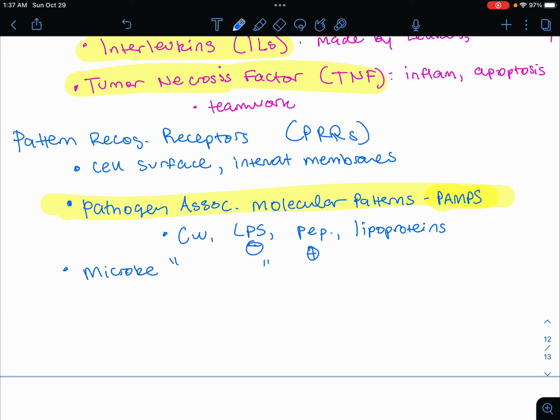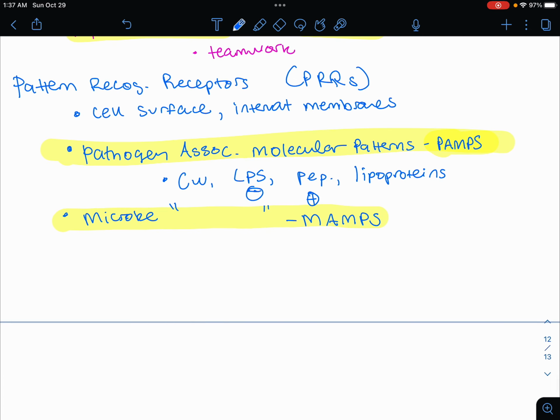It's the same thing. These are going to be known as MAMPs, though, MAMPs. These include flagellin, the protein that makes the flagella. We also have viral RNA. That's also going to be noticed by the pattern recognition receptors on the cell surface.